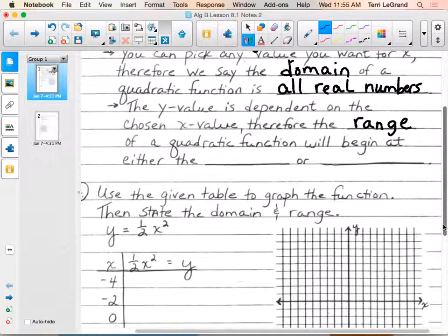So we can't say all real numbers for the range, ever, ever. You can never say all real numbers for the range. It'll either begin at the minimum or the maximum. So we're going to have to identify the minimum or the maximum of the quadratic function to help us be able to tell what the range is.